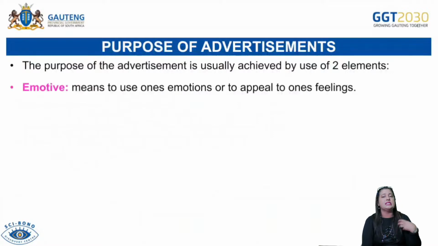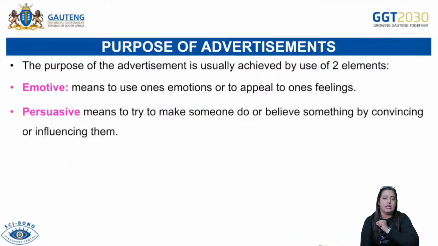The first one is it's very emotive in its nature. In other words, it's playing on your emotions. It's interfering with how you think about concepts in real life. And it's meant to appeal to you to do something. All right. And that's why we're saying it's very much emotive.